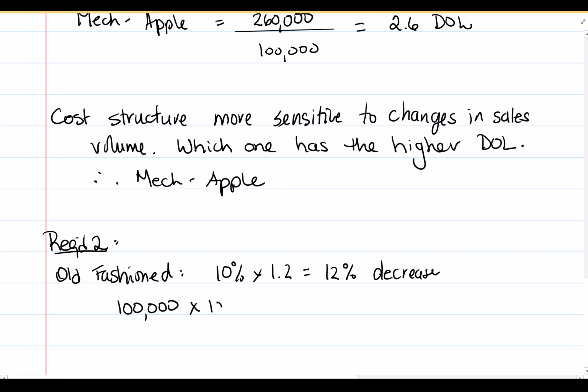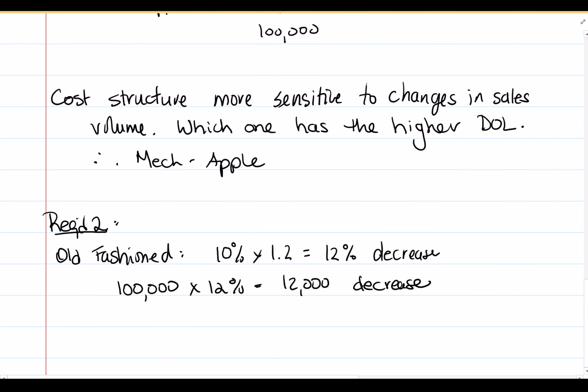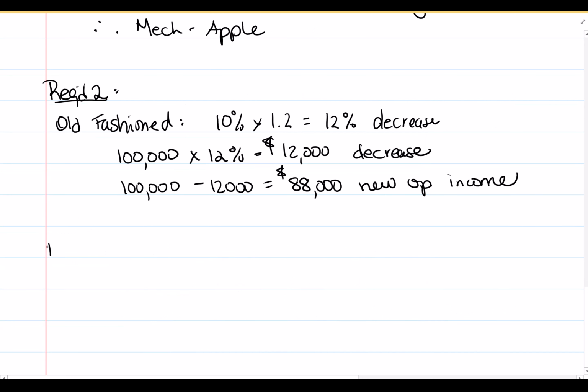So times the 12% means they will have a $12,000 decrease. And it just said the effect on the company's operating income. You could probably say 12,000 decrease, or you could say the new operating income is 88,000.